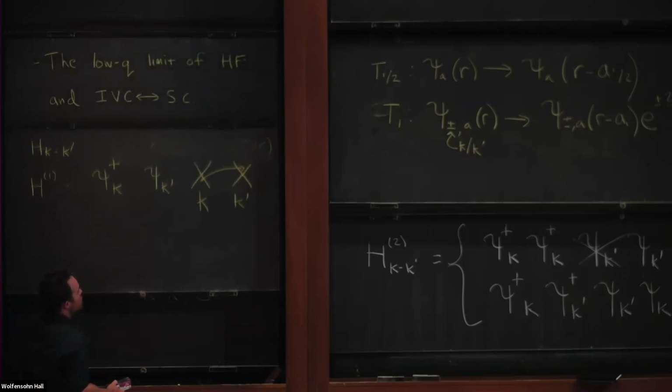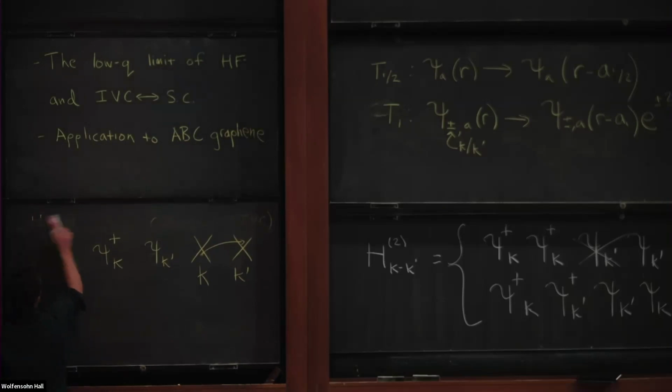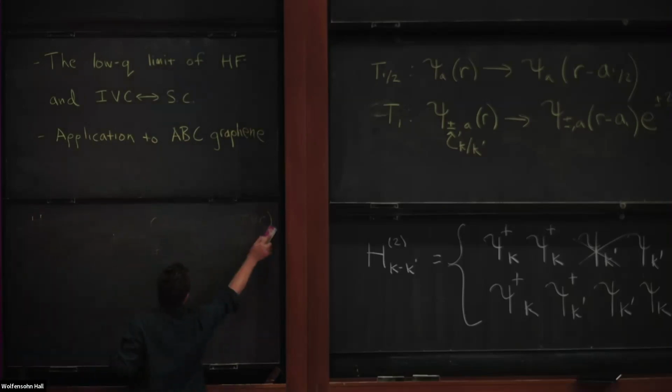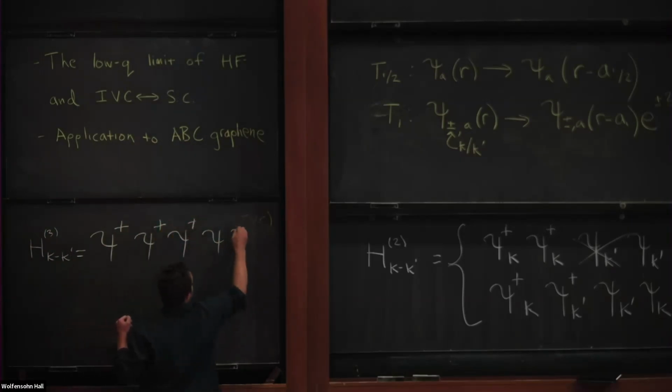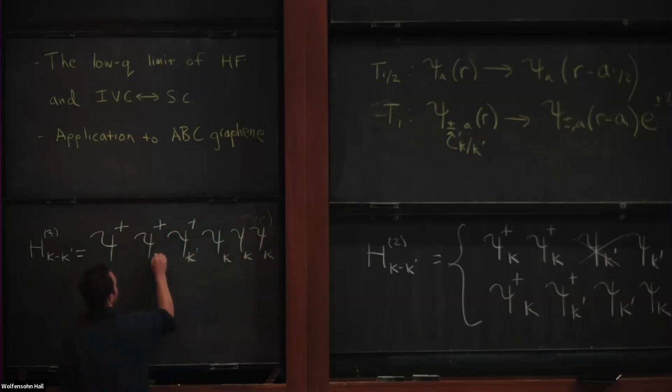And once we go to a 3-body interaction, we can finally find an intervalley interaction which does transfer particles but preserves lattice momentum. And that would be a term of the following form. Psi, psi, psi, where you take 3 electrons from the K valley and then scatter them into the K prime valley.